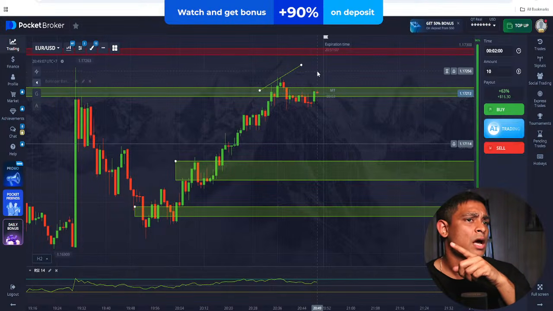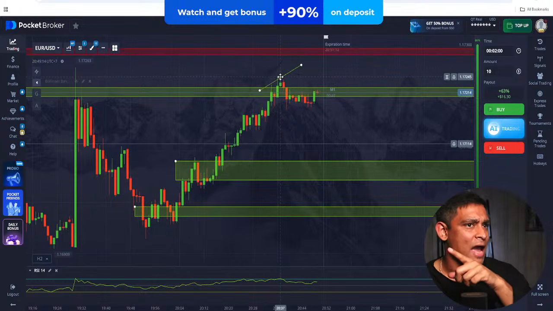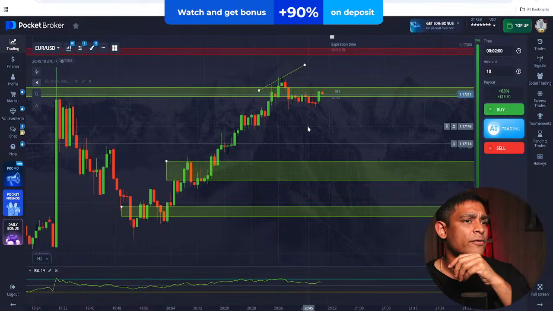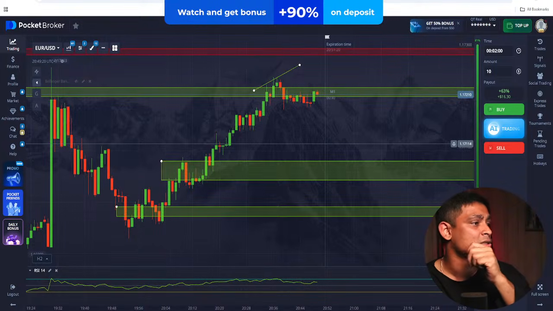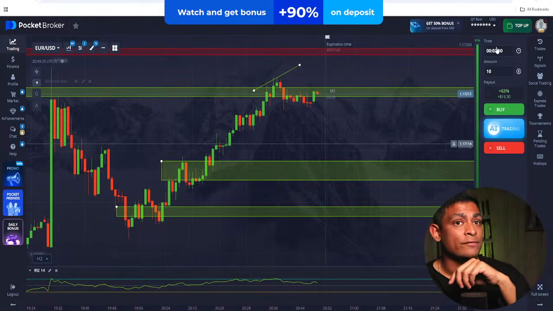If it is closing above our previous candle highs, previous high, then we have a very clear indication that the price is gonna fall in the near future, and then we have to adjust.